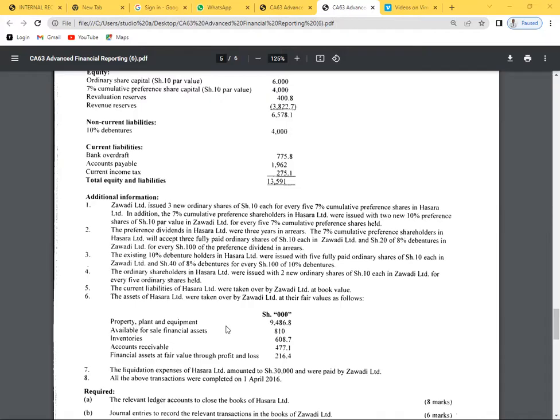Then we have accounts receivable, 477.1. And then we have financial assets at fair value through P&L, 216.4. Now, ladies and gentlemen, do you know what will happen?